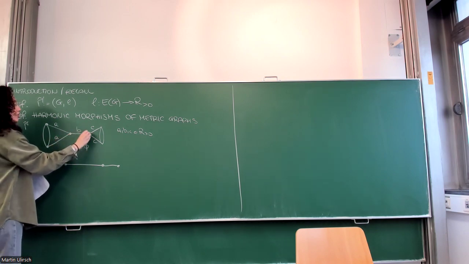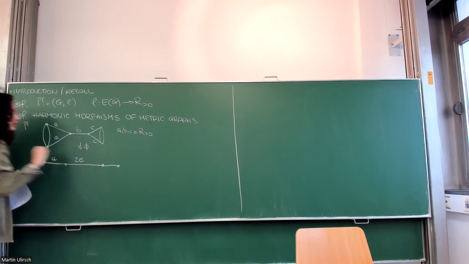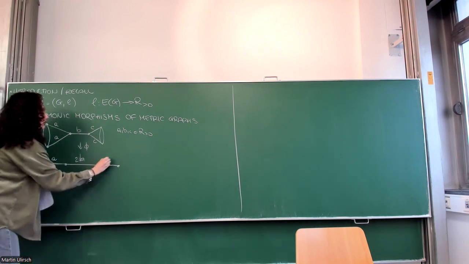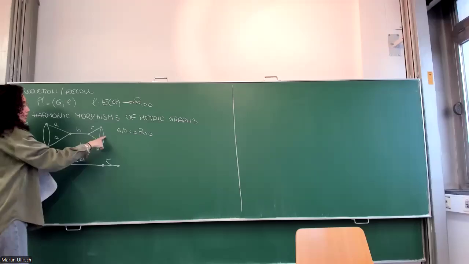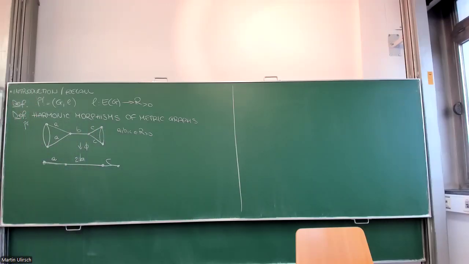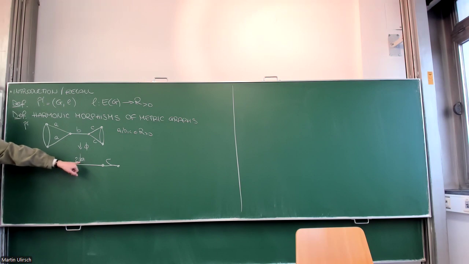But the harmonic morphism can also stretch one edge. And here I will identify these two, and those two edges get contracted. So usually in harmonic morphisms, we can have a dilation factor. I decided that this is a 2, and we can also get two edges contracted to a vertex.